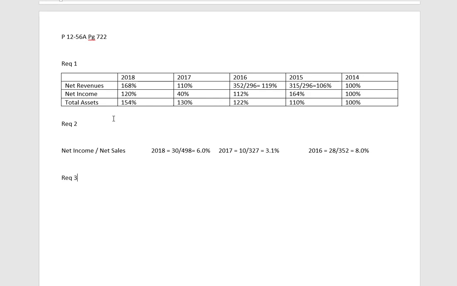For requirement 3, they want us to calculate asset turnover. And asset turnover is going to be net sales divided by your average total assets. Okay, so I'm going to calculate the average here on the screen for 2018 to show you the math, but I've done the averages already on a separate sheet of paper for myself.